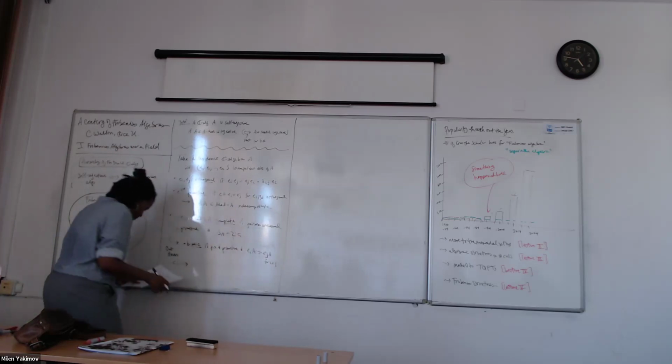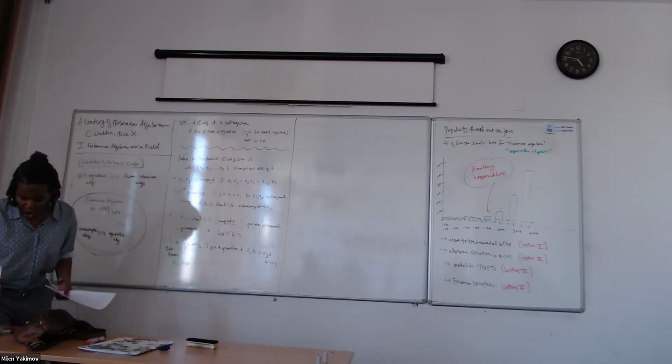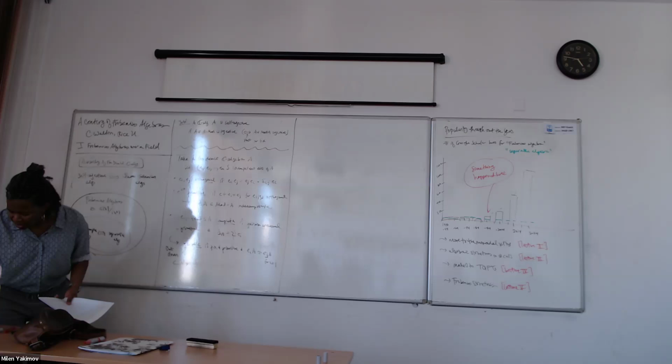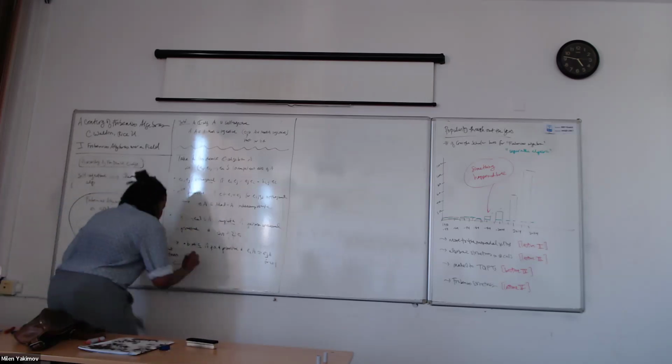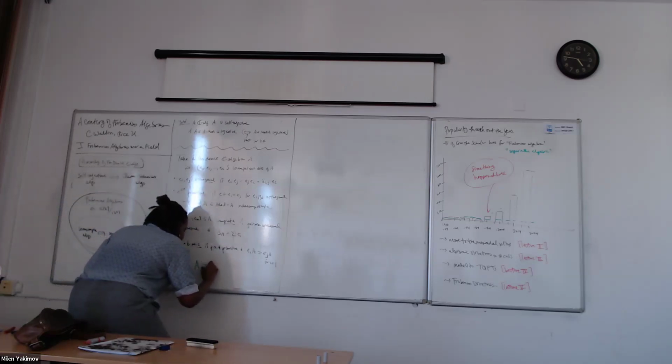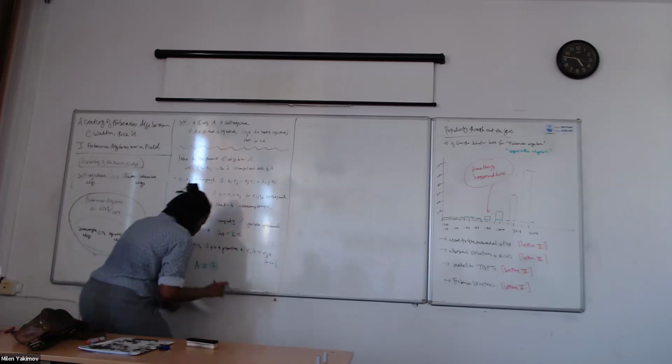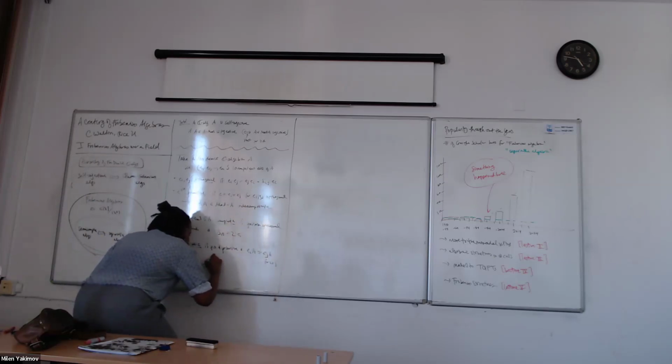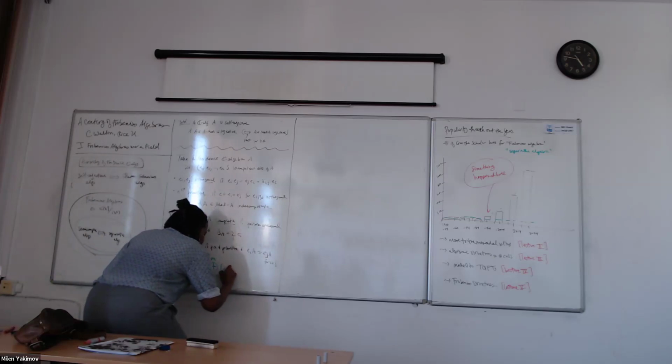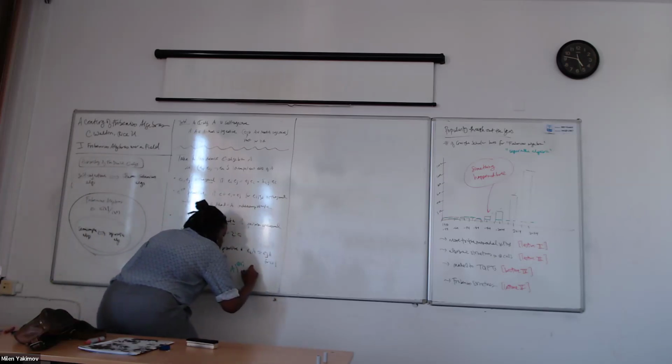And basically, the whole point of this is that you can always write your algebra A like so. You can write it as a direct sum of factors that look like so, as a right A module.